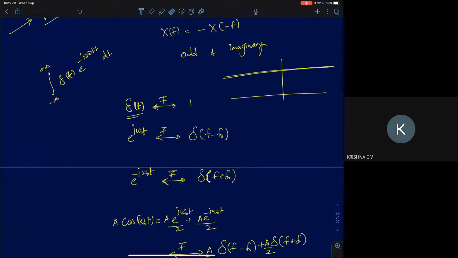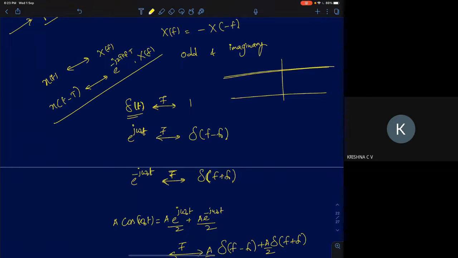If x of t has a Fourier transform x of f, and you shift the function in the time domain by t seconds, then your Fourier transform is multiplied by e power minus j 2 pi f t into x of f. If you shift your signal in the time domain, that's like a delay, so that's equivalent to multiplying by e power minus j 2 pi f t in the frequency domain.